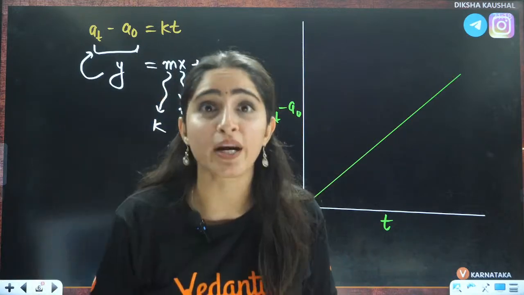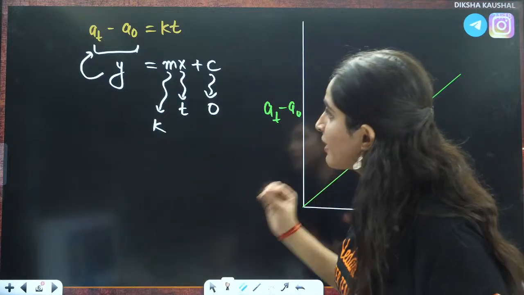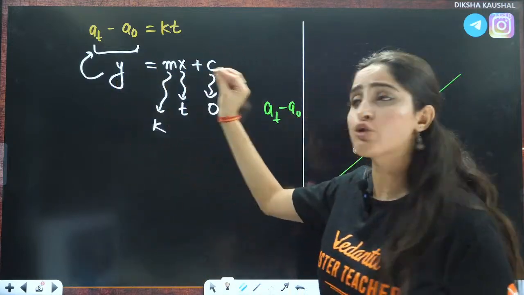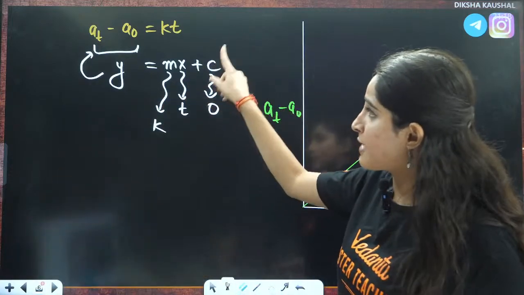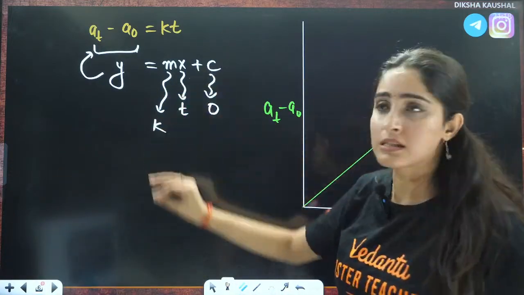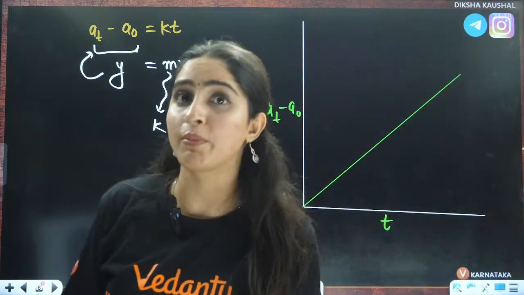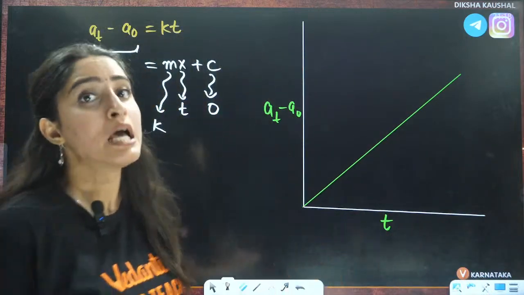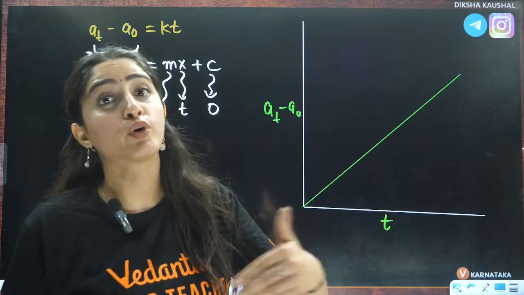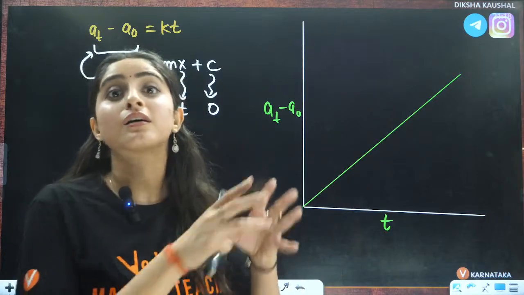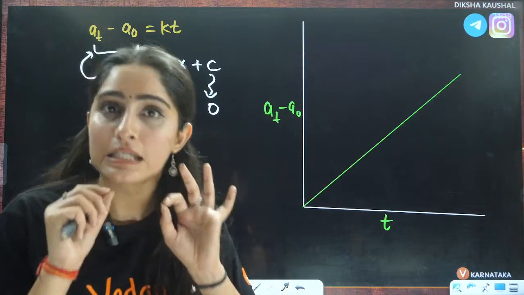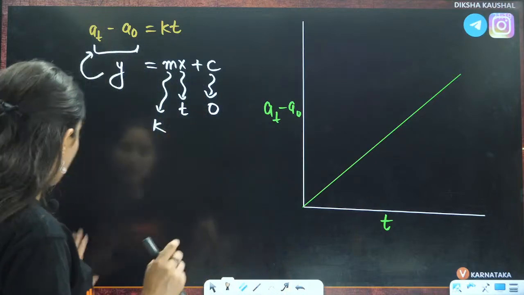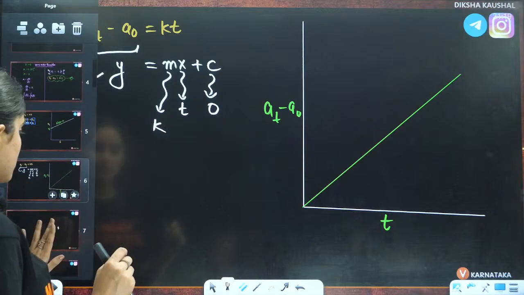You just need to understand the concept that y = mx + c is the graph of a straight line, where c is the intercept, m is the slope, and x is the time. That's it. And this is applicable also for first order reaction. When we do first order reaction, the graphs will be totally different, but the concept is going to be exactly the same. So that was the second kind of question that they can ask you.